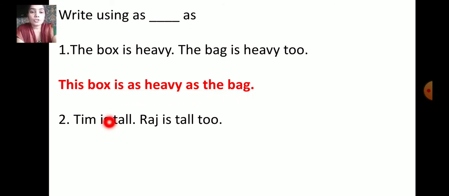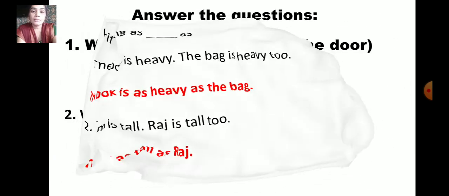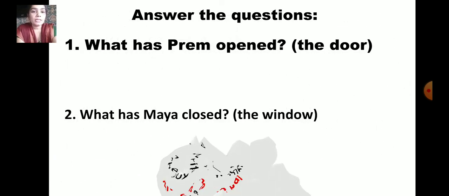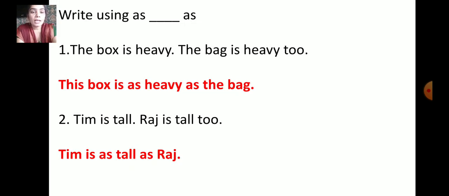Tim is tall. Raj is tall too. So Tim is as tall as Raj. We are comparing here Tim and Raj. They both are tall. So Tim is as tall as Raj. When two things are compared and when they are the same, we have to use as dash as.